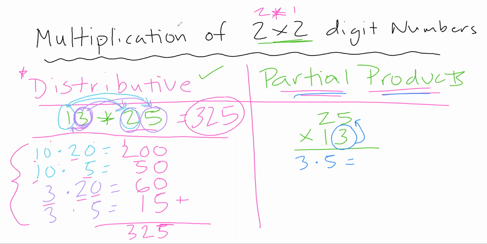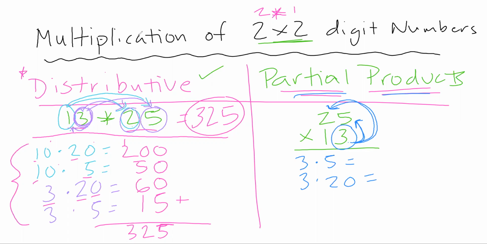See that? Okay. And I'm going to stick with that 3 because I still have to, again, just like distributing, multiply it by that 2, which is a 20. So I did this 3 and I times it by the ones place up there and the tens place up here. Okay. And then we're going to move on.